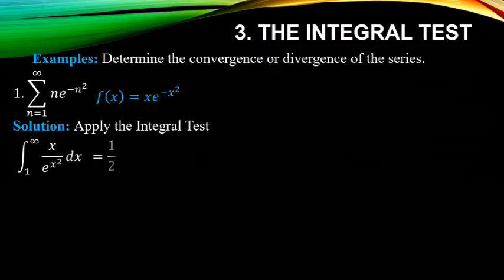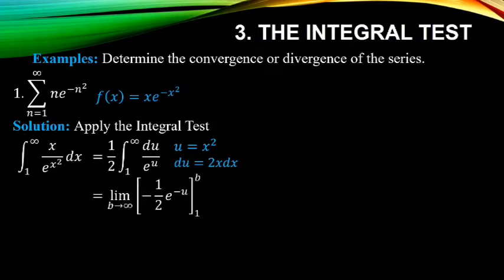This is actually equal to 1/2 the integral of du over e raised to u. So algebraic substitution: u is equal to x squared and du is equal to 2x dx. Now getting the integral of this, we have the limit as b approaches infinity of negative 1/2 e raised to negative u, where u is from 1 to b.